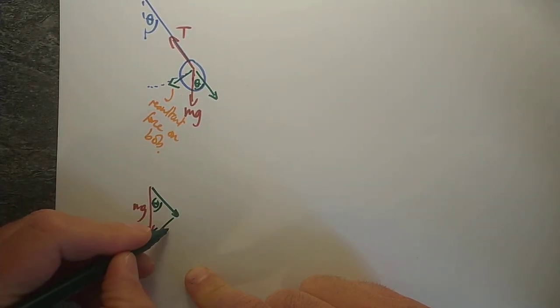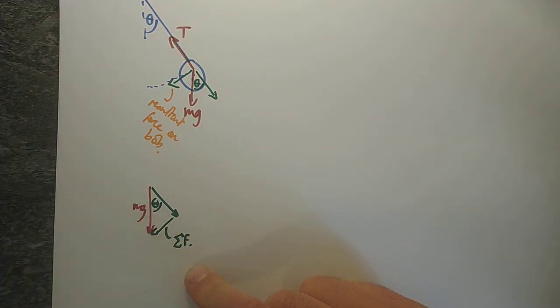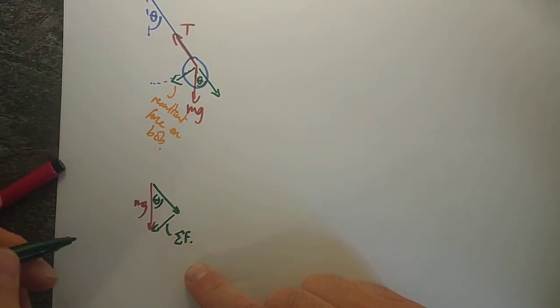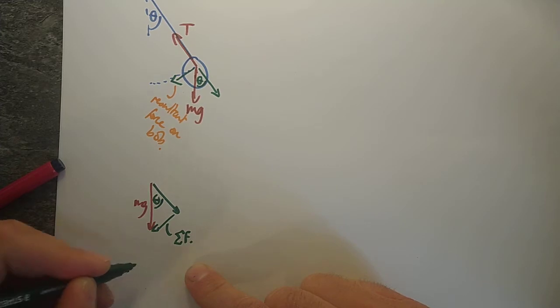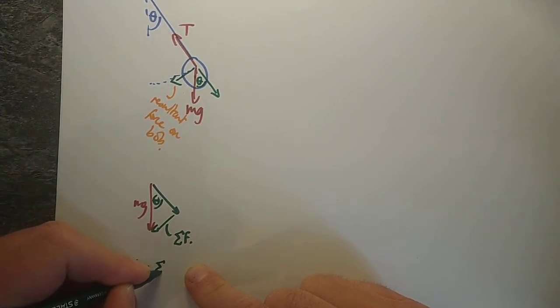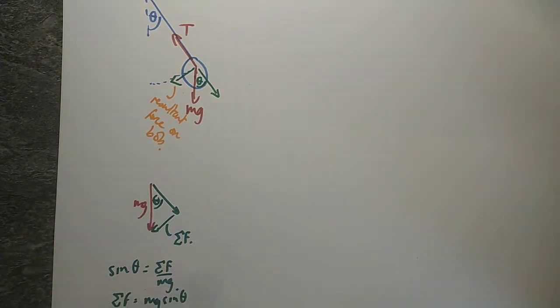And this here is the resultant force, which I'll call sigma F. So that's the opposite, and that's the hypotenuse. So we're going to use sine. So sine theta equals, or the resultant force is equal to mg sine theta.